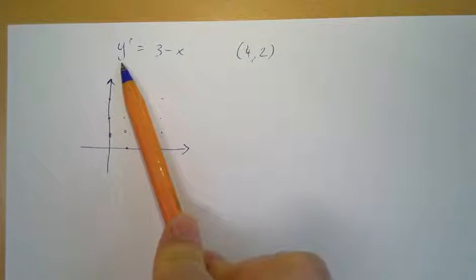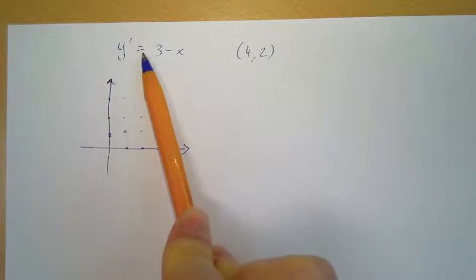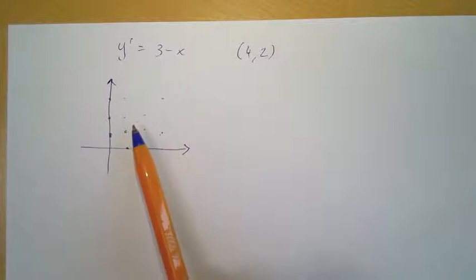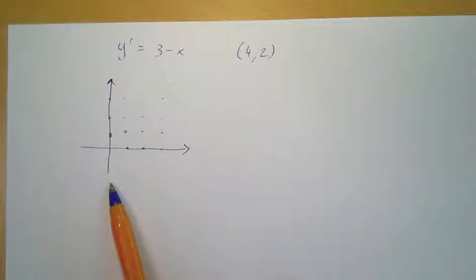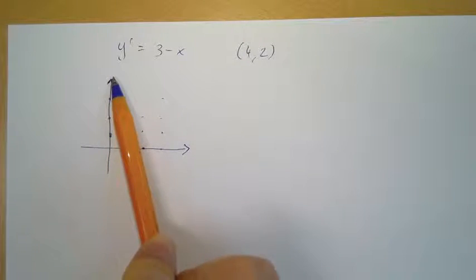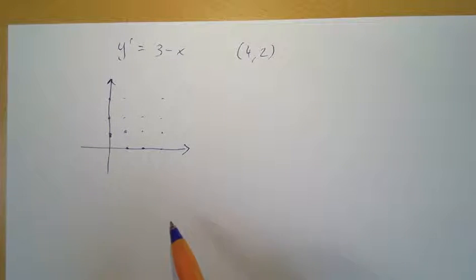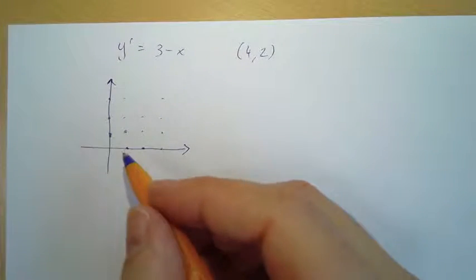Here's how we're gonna read that. The slope is 3 minus the x coordinate of the point. So every time x is 0, for all the points along the y-axis, the slope is 3 minus 0. So the slope is 3.